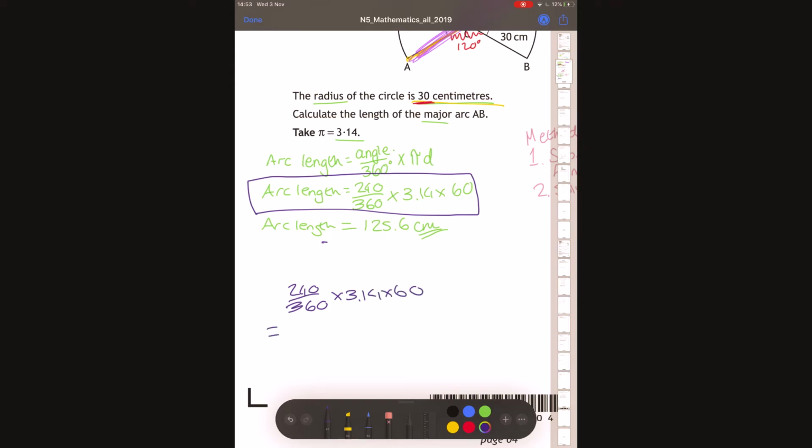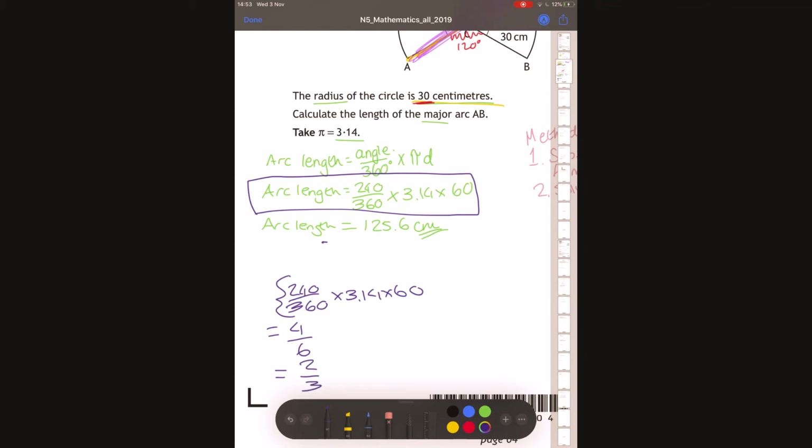That's quite intimidating. So what I would do is I would probably simplify this. I know that both of these divide by 6. So the top is 4 and then the bottom is 6. Oh look, that divides again, 2/3.